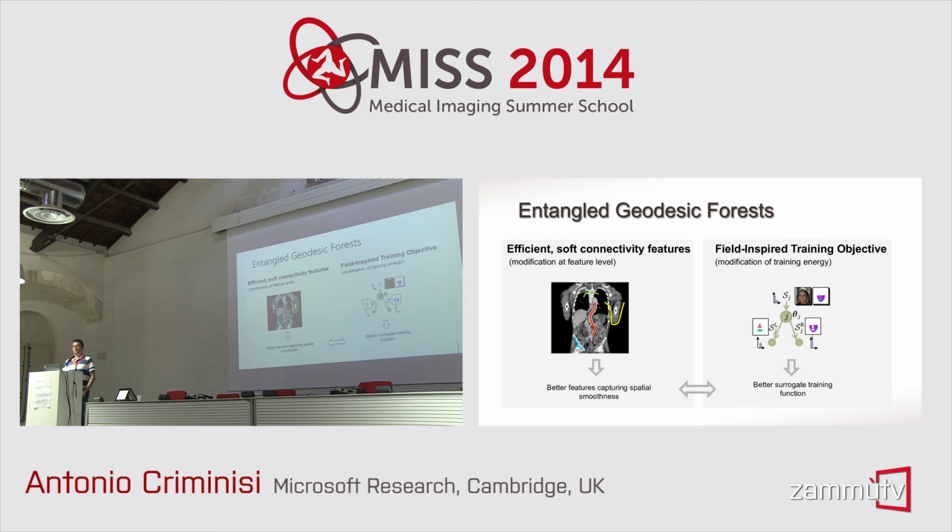One is the fact that we use some new type of features which encapsulate and model connectivity between two pixels, even very, very far away, even at long range. And also there is a new training regime and a new surrogate training function that we minimize. So let's talk about these two elements one by one.